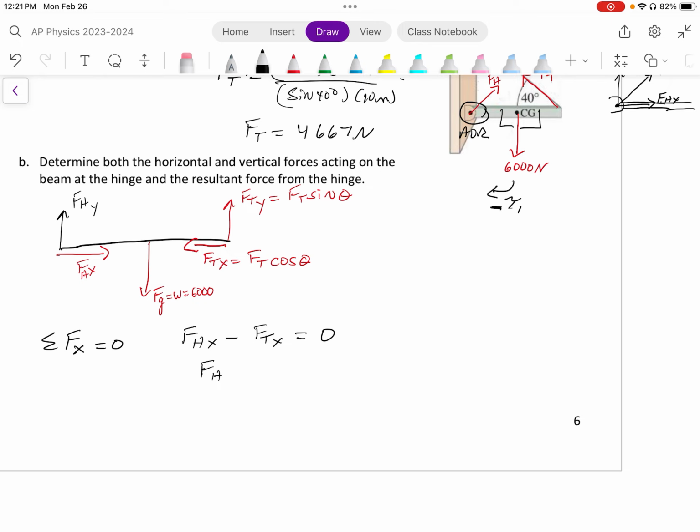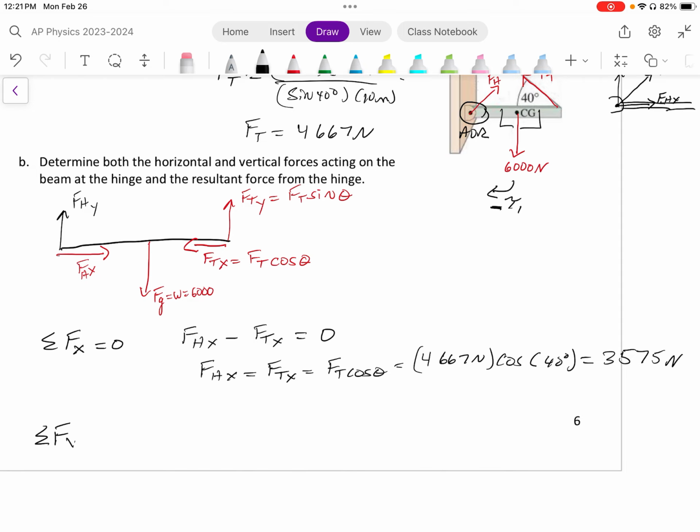So the force from the hinge in the x direction is equal to Ft cosine theta, which is 4,667 newtons times cosine of the angle, 40 degrees, which will give me 3,575 newtons for the force of the hinge in the x direction.